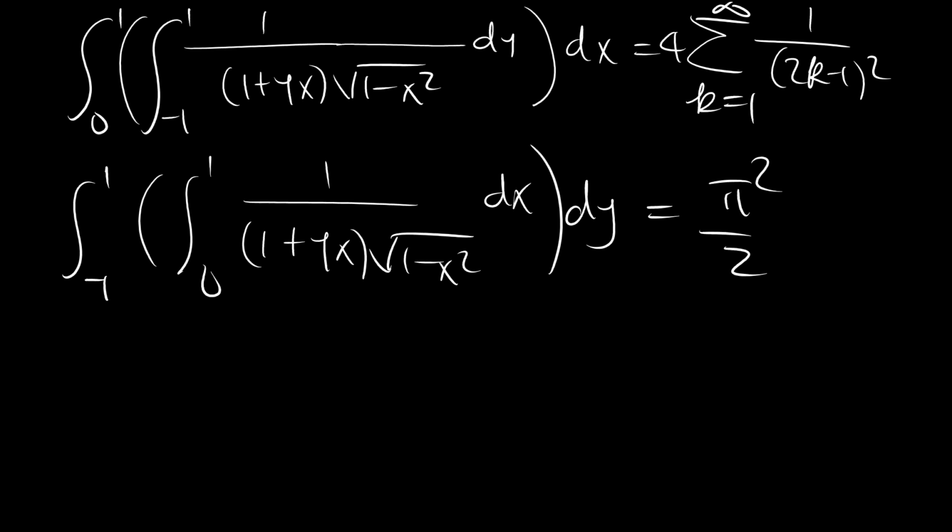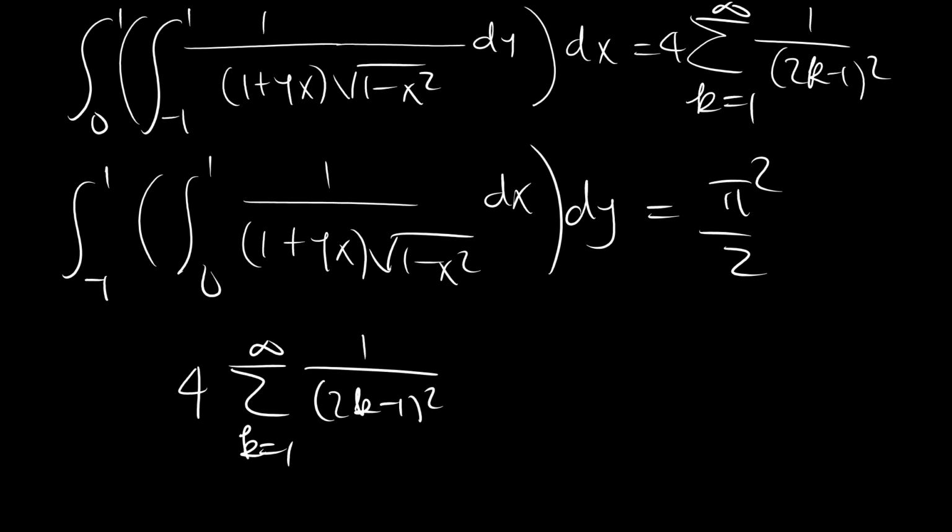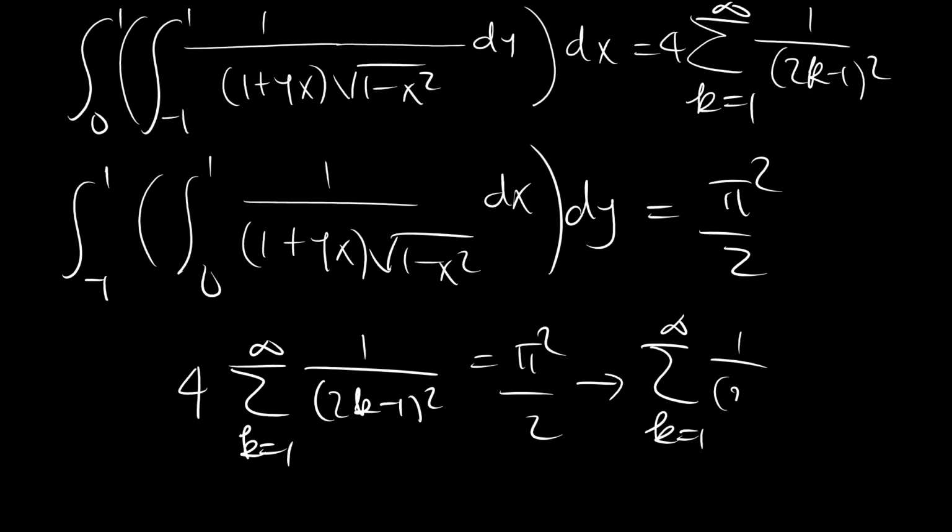Since these two integrals are the same, this summation is equal to pi squared over 2, meaning that the summation from k equals 1 to infinity of 1 over 2k minus 1 squared is equal to pi squared over 8.